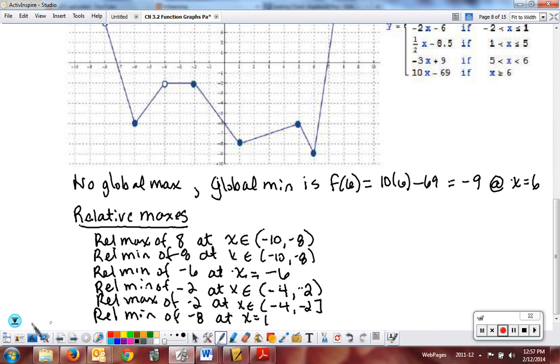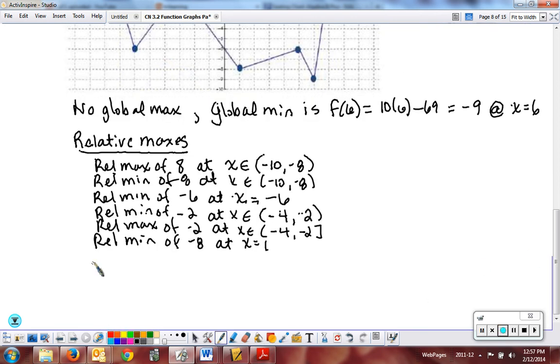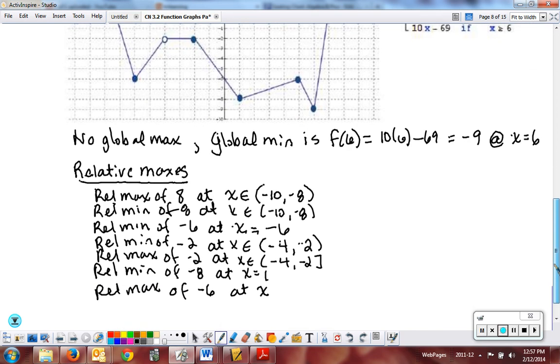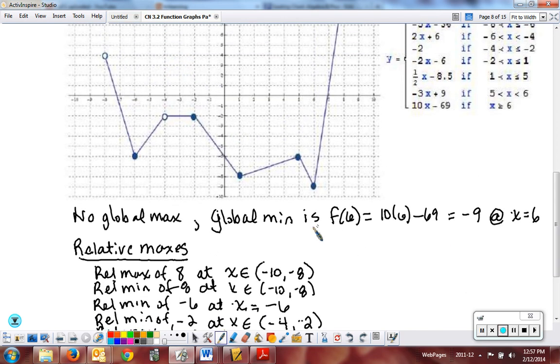The next one, relative max at, well, let's check it out, -6. We're thinking it's happening where? At the switching point. Where do you switch from one piece to another there? At 5, and if I plug in 5, I get 2.5 minus 8.5. Is that -6? Okay.